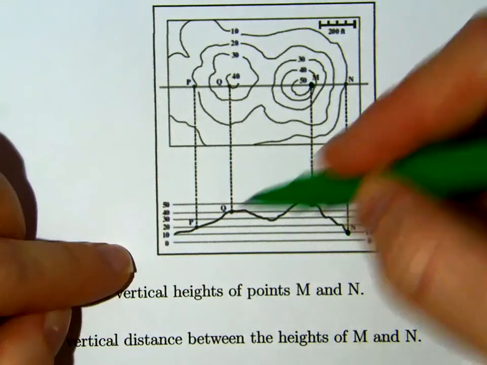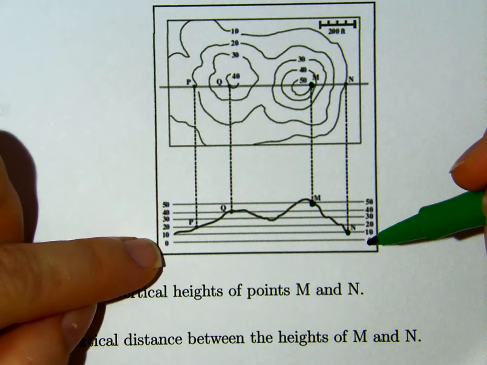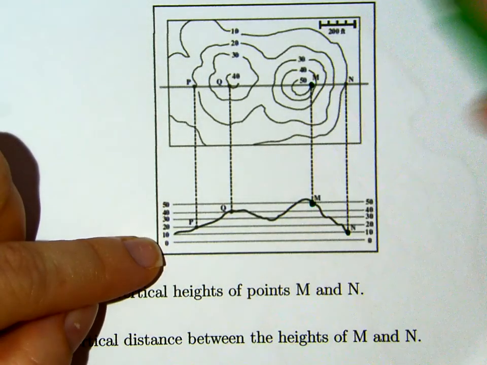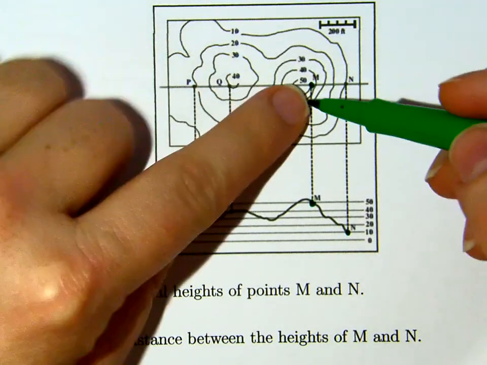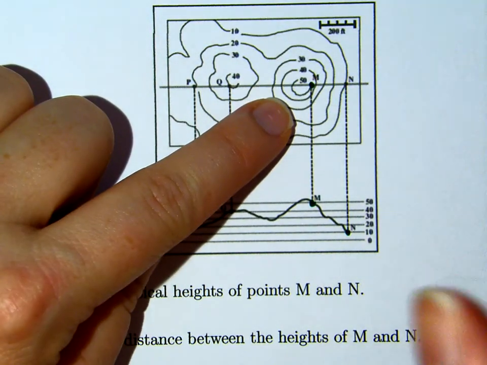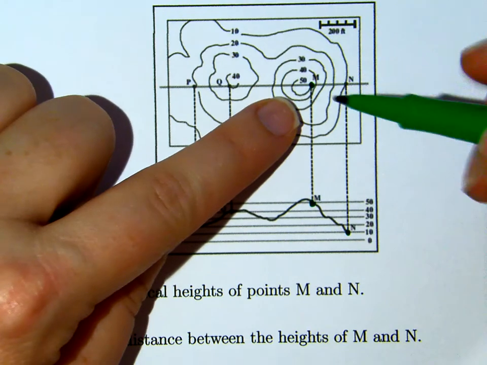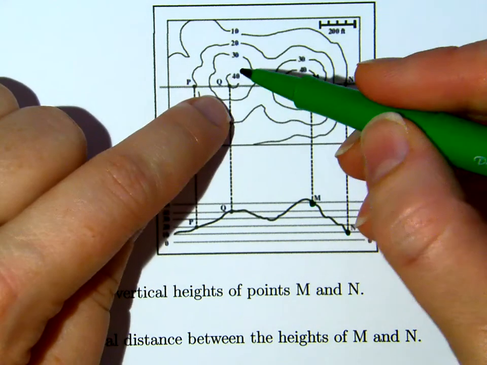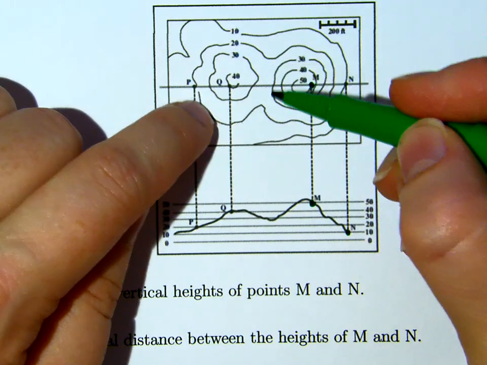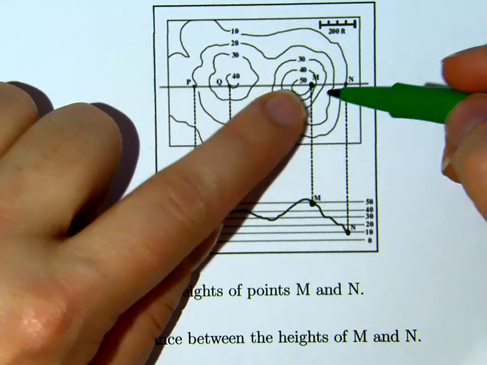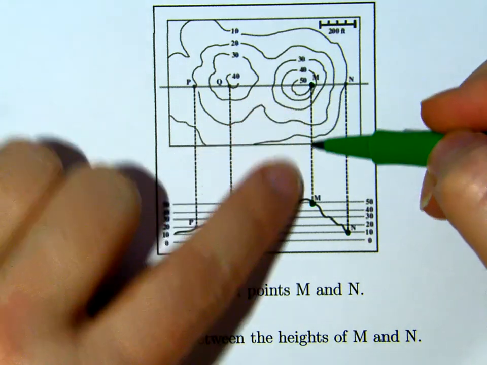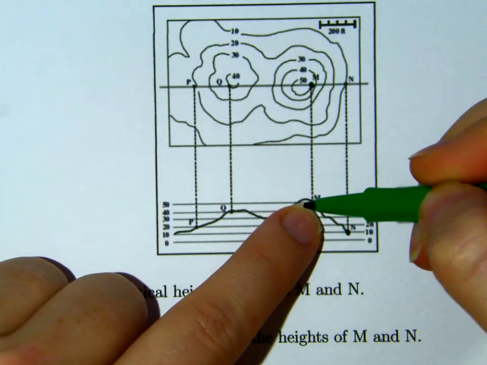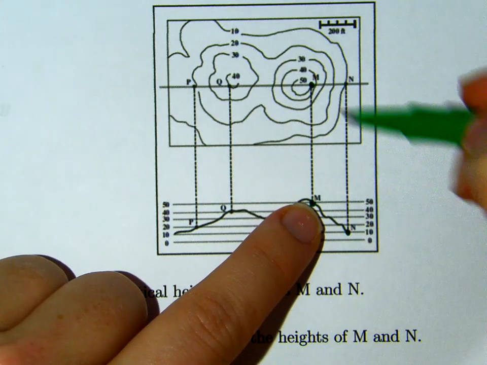So I'm noticing, okay, here's the side view of the mountain if you were just gazing at it from the horizon. And here's the vertical view if you were in a helicopter looking down at it. This would be a peak and then it would go down, and this would be another peak. And here's point M, at the 50 feet elevation marker.